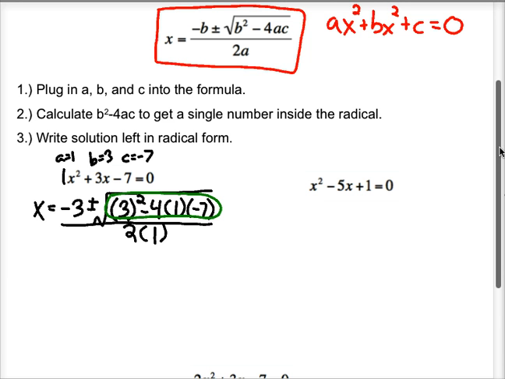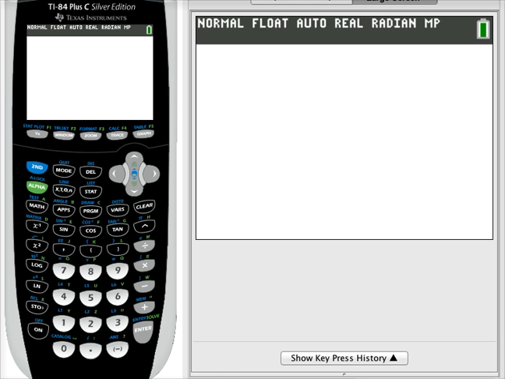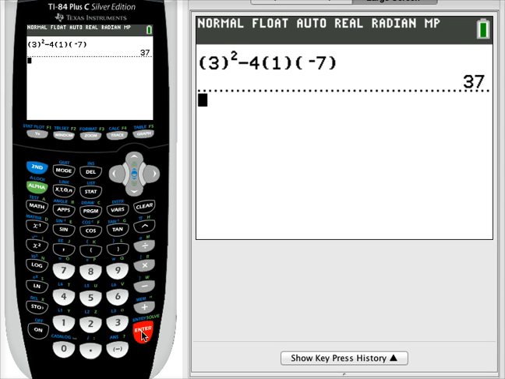And just to help you remember how to plug that into the calculator, whenever you're plugging a number in, make sure that you are using parentheses. So b squared, so 3 squared, minus 4 times a, which is 1, times c, which is negative 7. That is how you're going to calculate that number inside the radical.